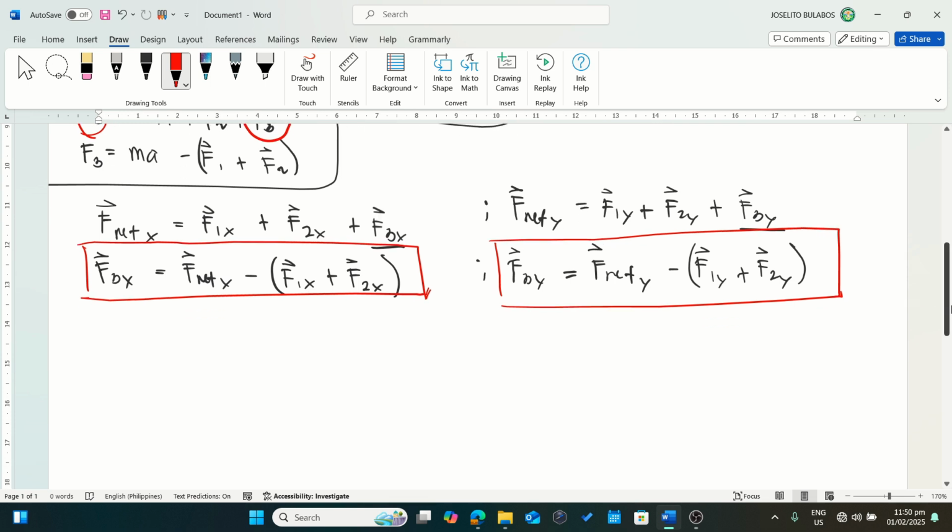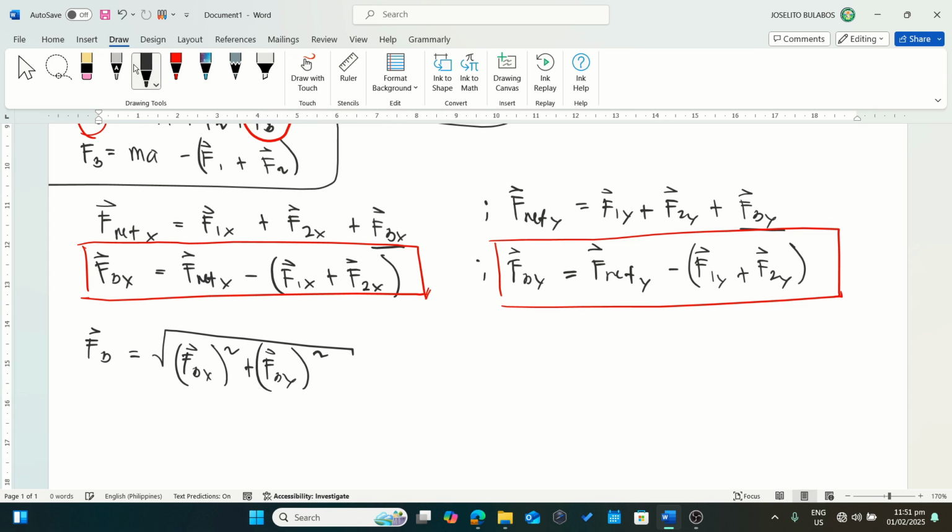Now, if we know the X and Y components of a certain vector, then our F3 must be the square root of F3X squared plus F3Y squared.